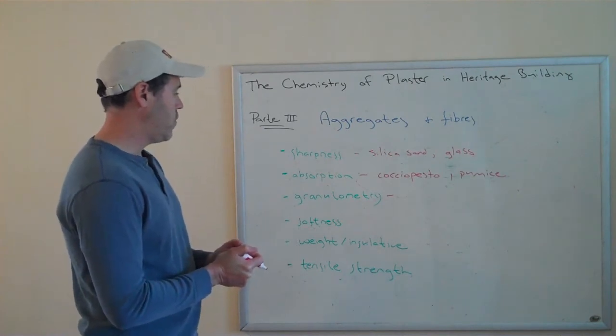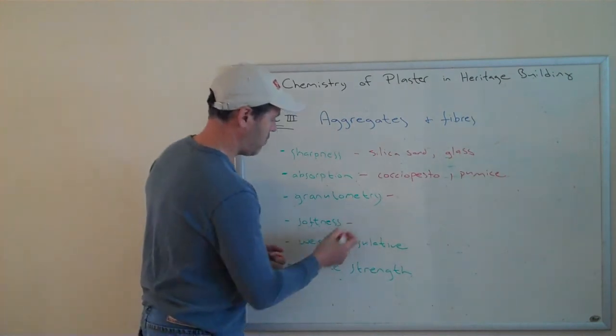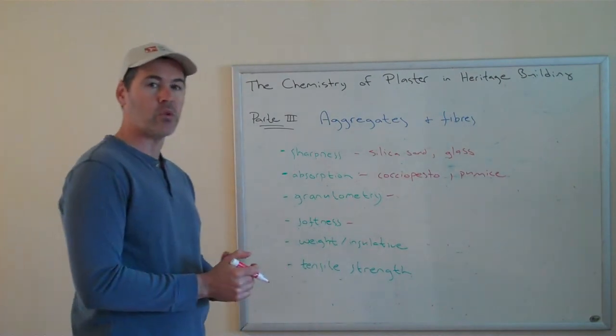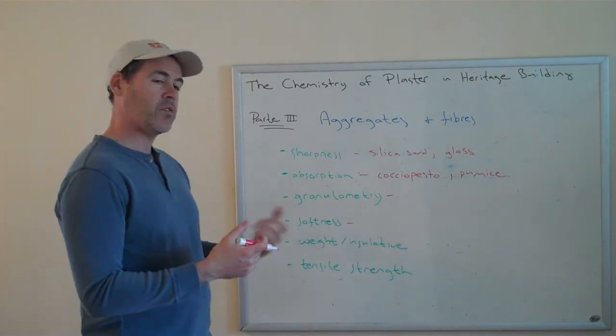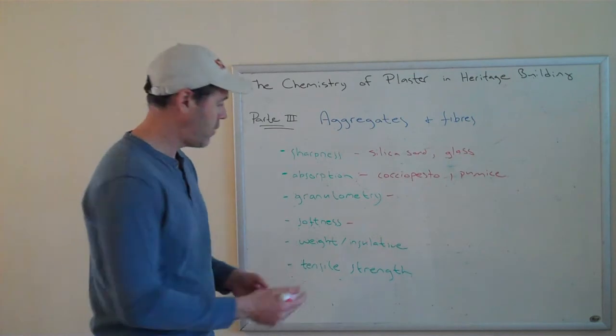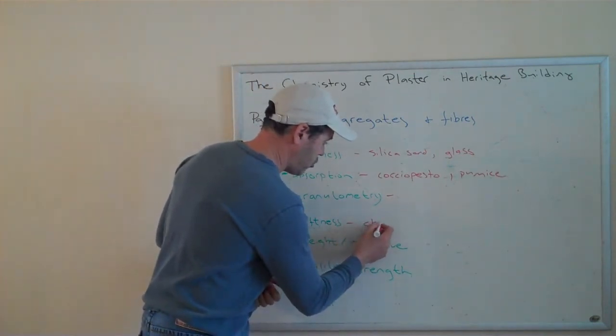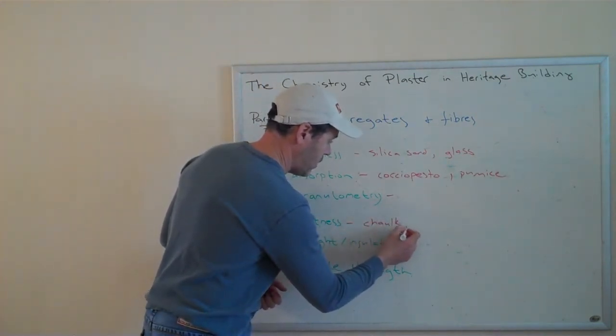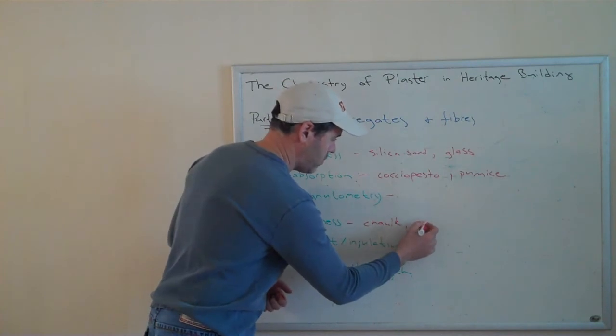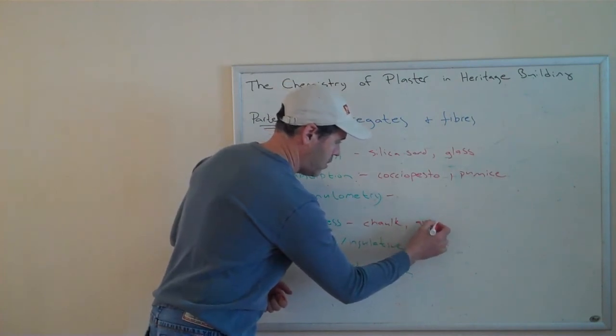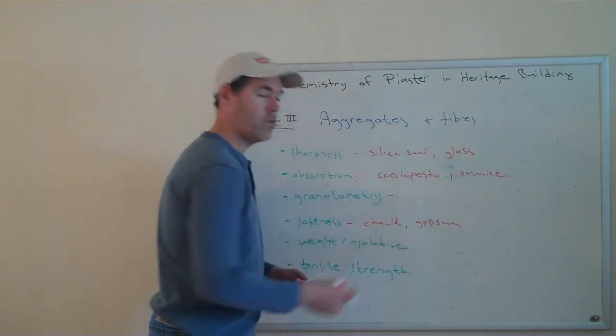Softness. This can be very important, particularly in decorative plaster work. If you have some of the softer types of aggregates, such as chalk is a good example. Some of the raw gypsums are also very soft and useful as an aggregate.